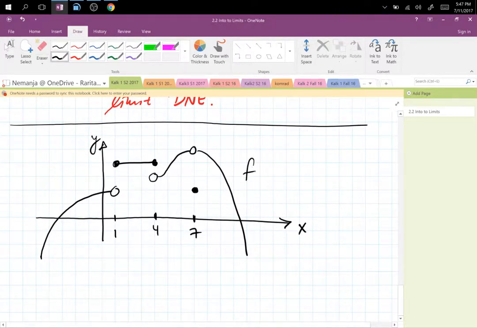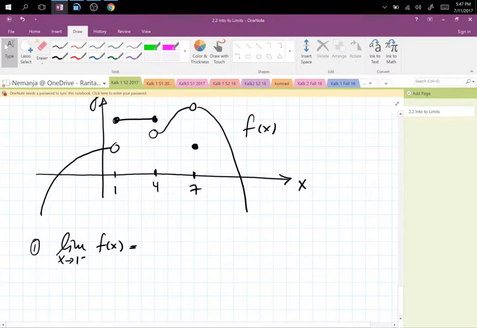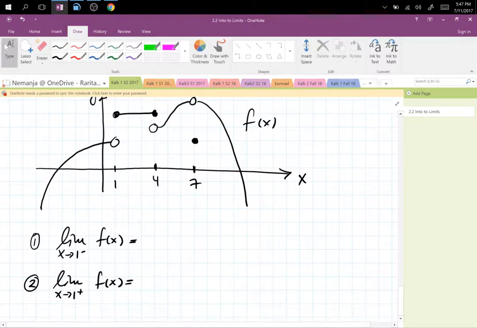This is my function f of x. And now I have questions. Question number 1. What is the limit as x approaches 1 minus of f of x? Note that you don't even know what f of x is. I never gave you functions for this. Number 2, what is the limit from the right? And number 3, what is the overall limit?